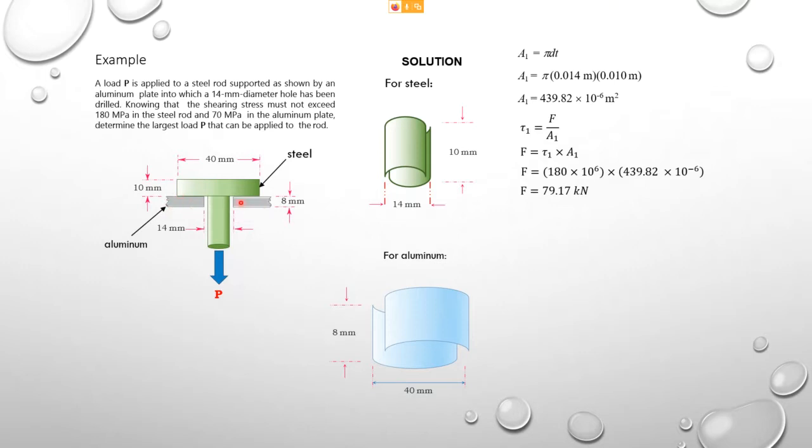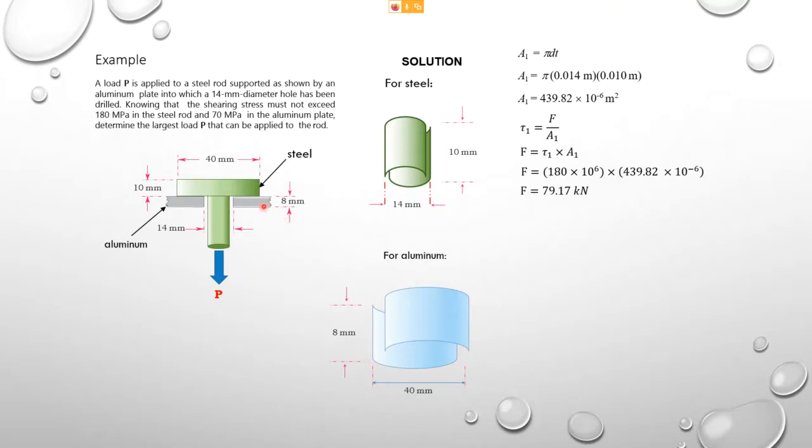So this part is having a diameter, that means here is being cut through by this whole thing here. Here to here is 40 mm, and the thickness of this is 8 mm.